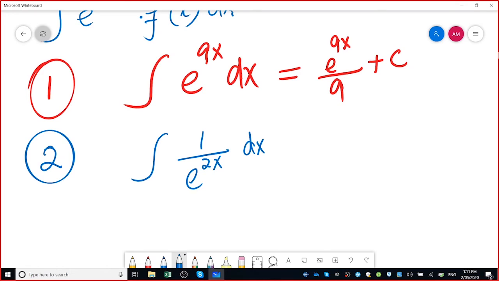So what is the answer you said? I think it's a negative, and then 1 on the top, and then divided by 2e to the power of 2x, plus c.